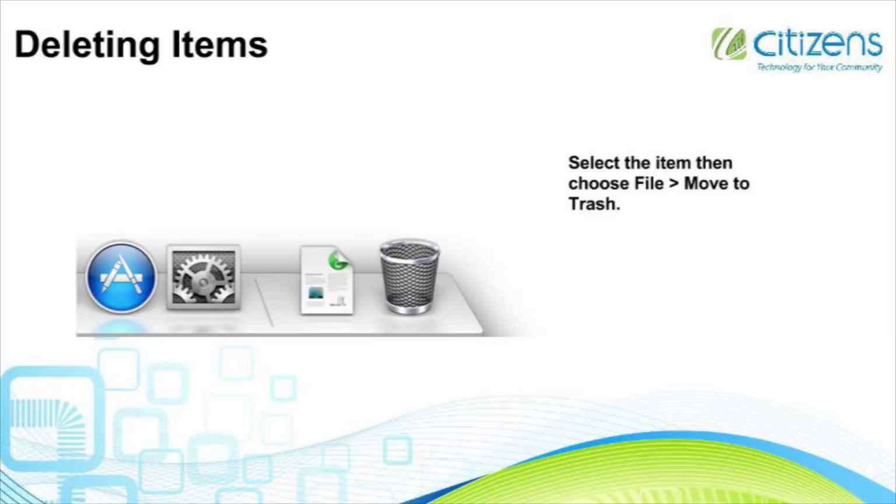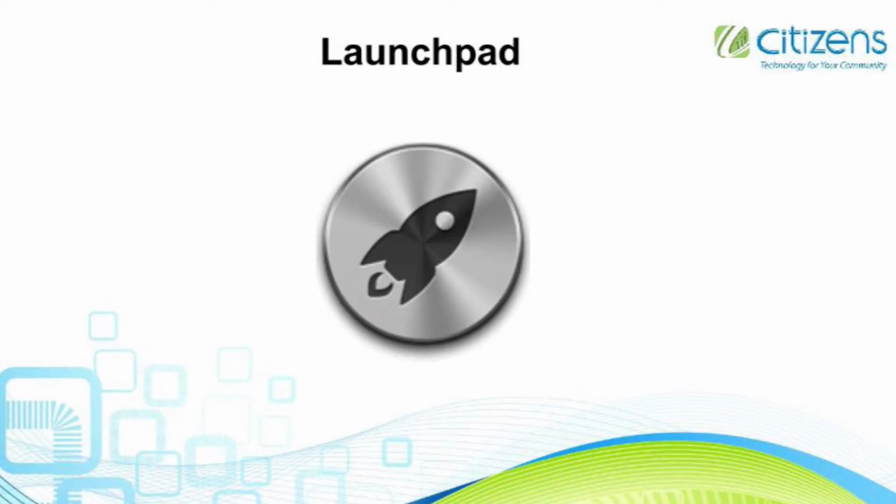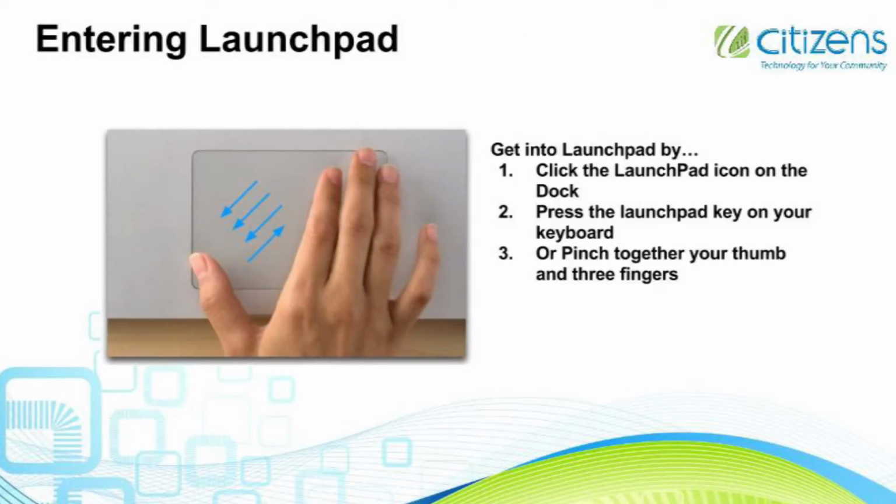Okay. So now I'm going to go over the Launchpad. Now the Launchpad helps you find, organize, and easily open your apps. So it has all of your apps on it. And to get to the Launchpad, we kind of went over this, but you have a few options. You can either click the Launchpad icon on your dock, which I just showed you, that little rocket ship.